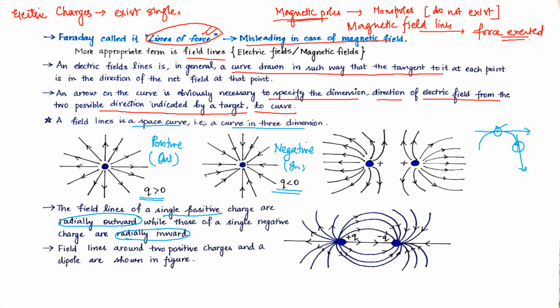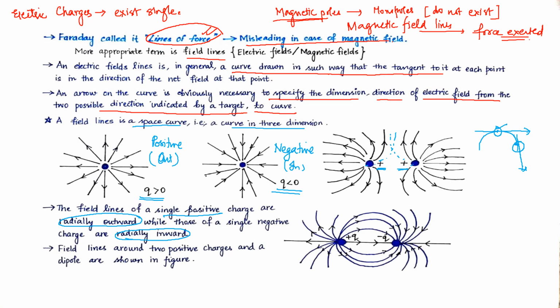Now we have two positive charges together. See, this is positive charge, this is positive charge. They will repel at a particular distance, at a distance where these field lines will start overlapping each other. They will start repelling each other. Like charges repel and unlike charges attract.